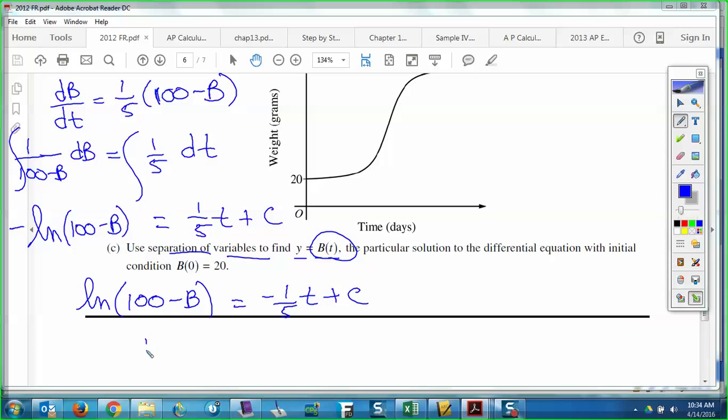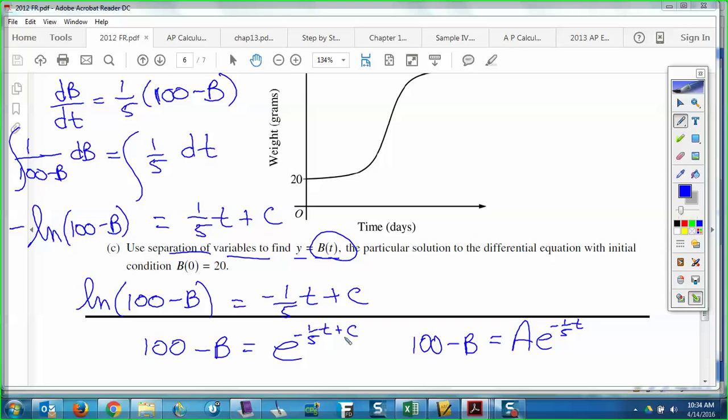Okay, now we got our e thing that we do, 100 minus b equals e raised to the negative 1/5 t plus c. Remember how we split that apart last time? I think that's still a good idea right here. So I would write that 100 minus b equals a e to the negative 1/5 t.